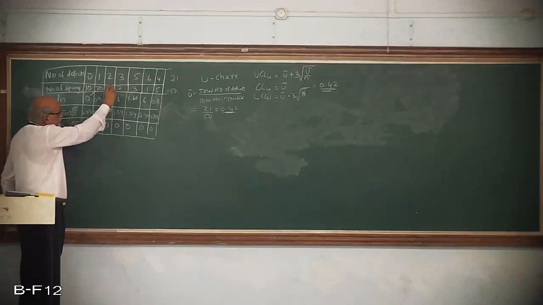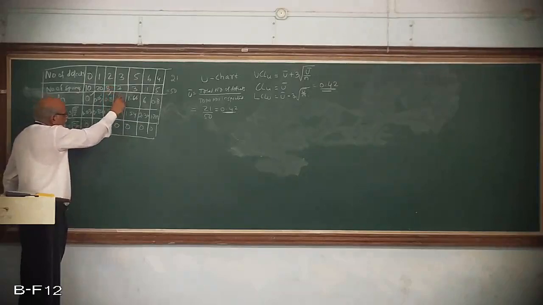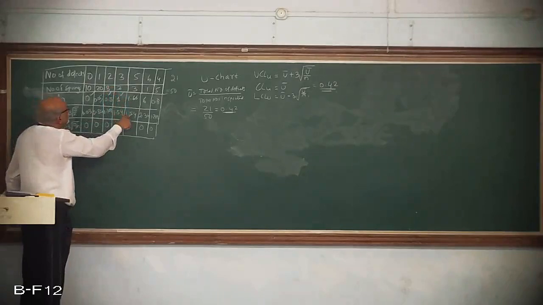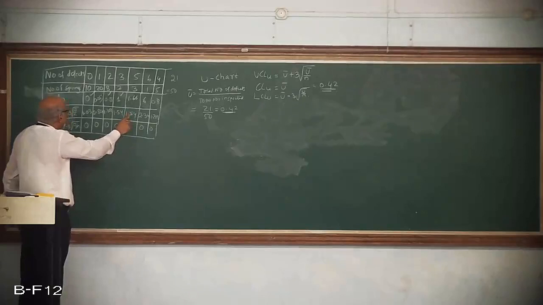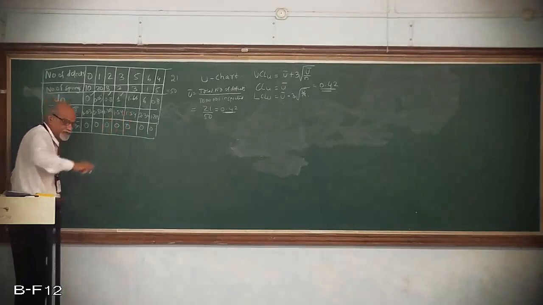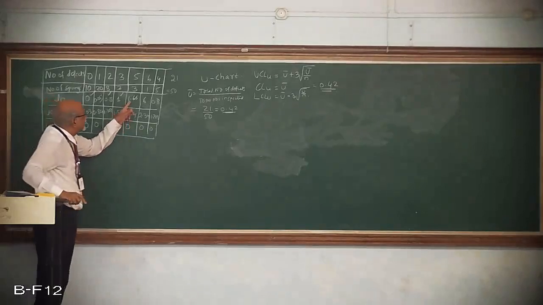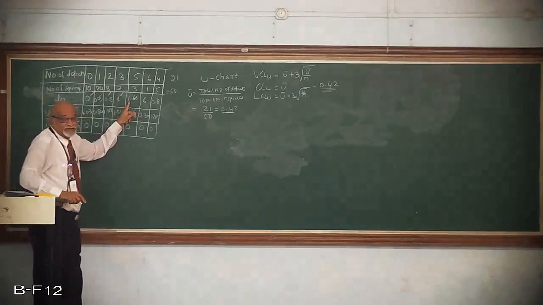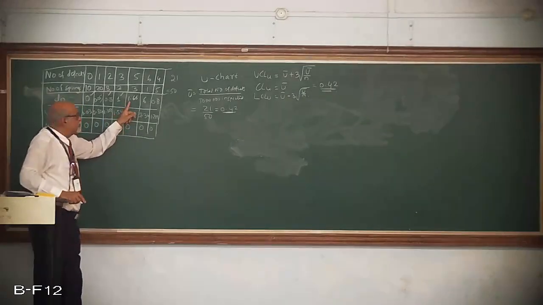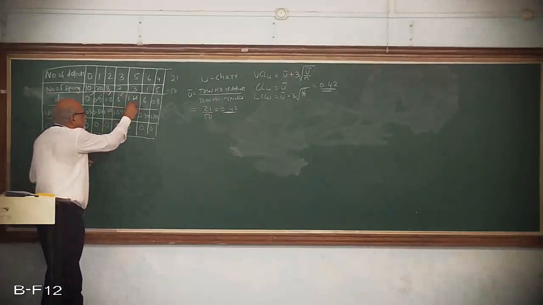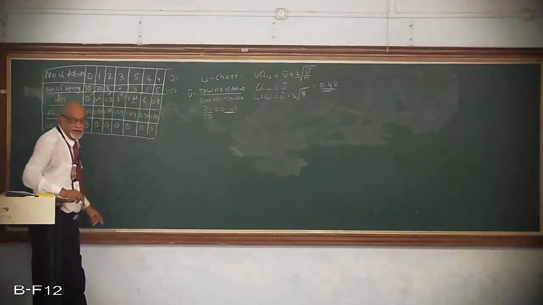1.107, this is the thing. 1.54 expected, actual 1. Expected 1.54. Try to understand here. Expected 1.54, but we have got 1.66 actual. So this is out of control on this day.